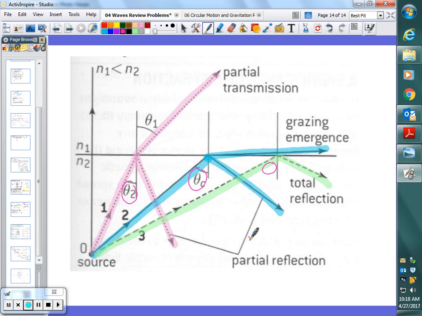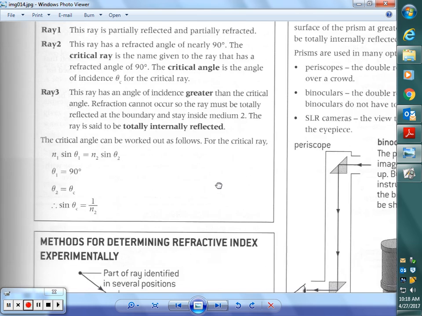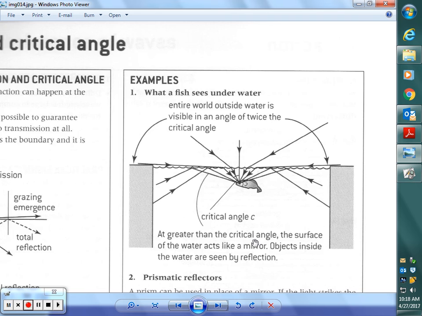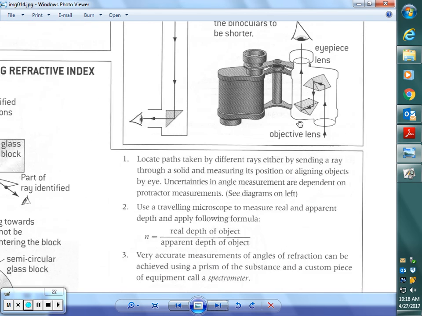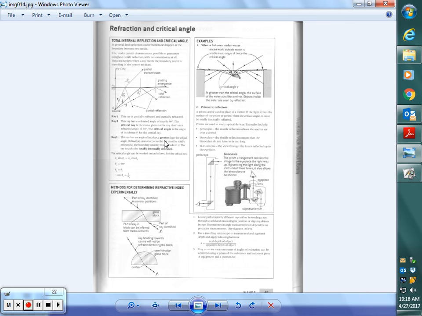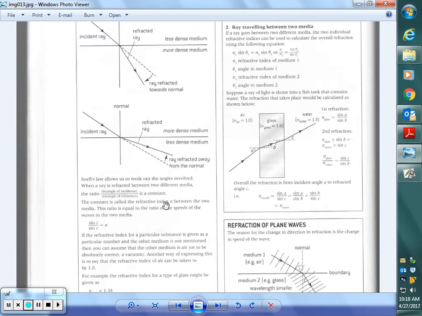So here, this angle is getting smaller, but this angle is getting bigger, and that's the angle that we measure. We measure it from that normal line. That angle is determined by Snell's law. Where is Snell's law? Oh, there it is.